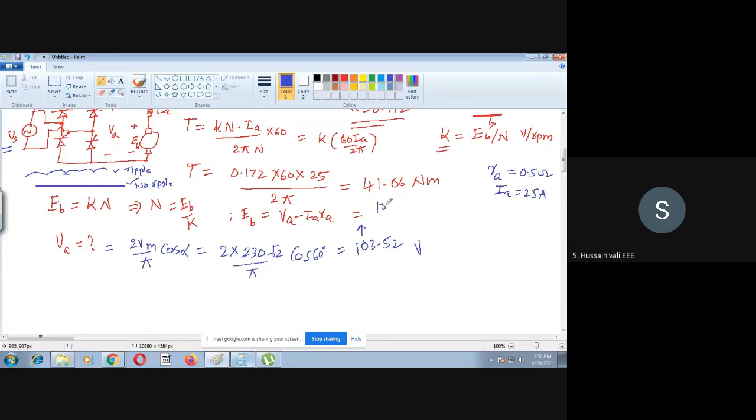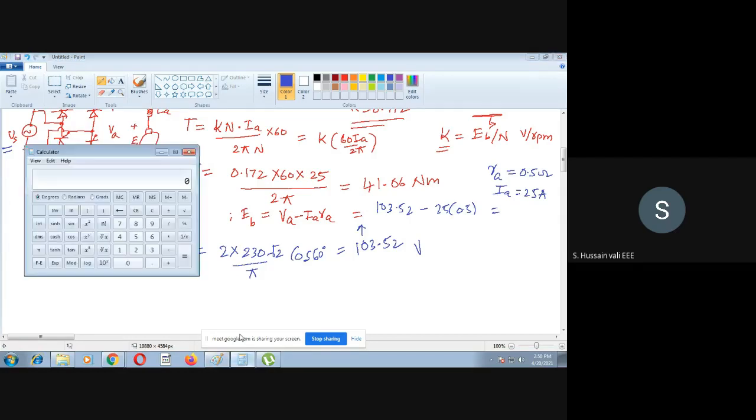So 103.52 minus 25 into 0.5. What is the answer you will get if I do this? So 91.02 you will get.